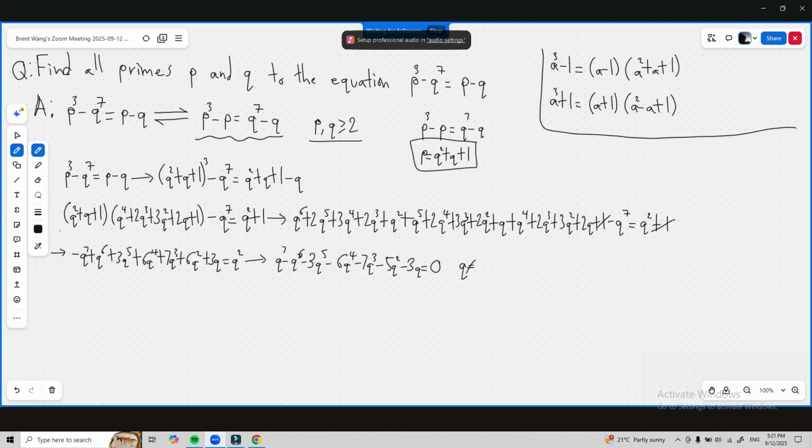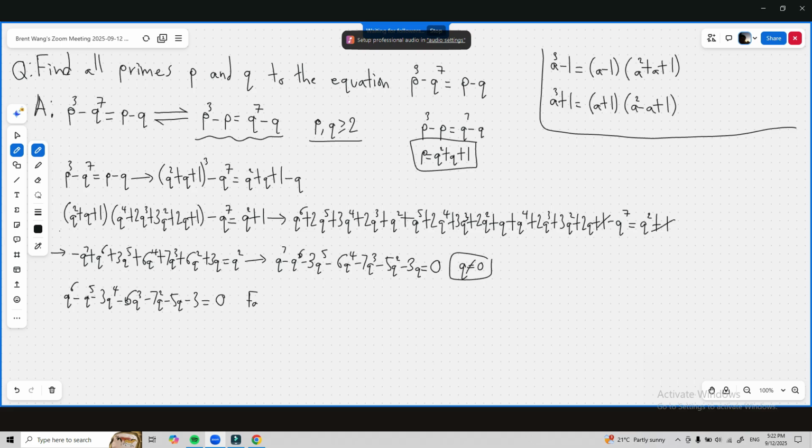Obviously, Q cannot equal 0. So then all you have left is Q to the 6th minus Q to the 5th minus 3Q to the 4th minus 6Q cubed minus 7Q squared minus 5Q minus 3 is equal to 0.